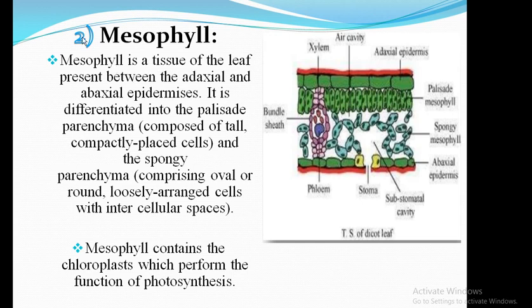The second anatomical structure present in the dorsiventral leaf is the mesophyll layer, or mesophyll tissue. Just below the epidermal cells of the abaxial epidermis and the epidermal cells on the adaxial side, we have two or three types of mesophyll cells.